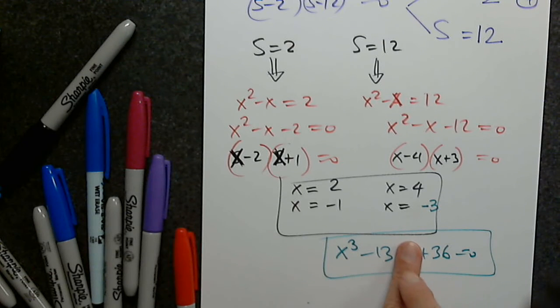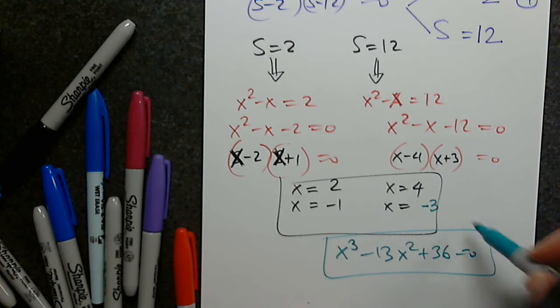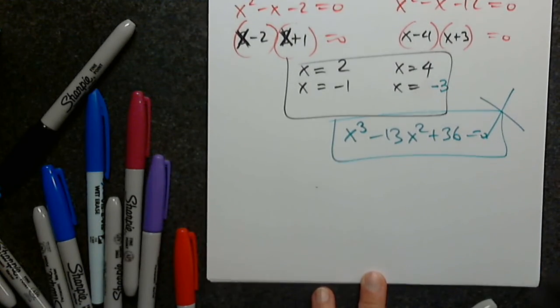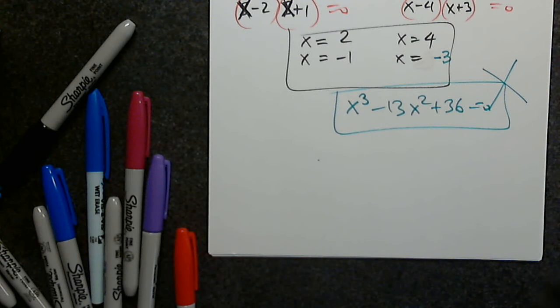Because if I replace this by t, I cannot replace this by t squared. When I square x squared, I will never get x cubed. So this is not quadratic in form. I cannot solve it with the same method because the method is not applicable here. Any questions?